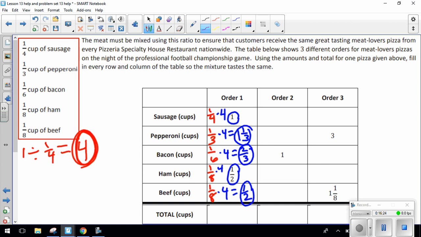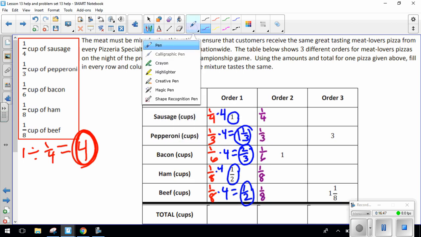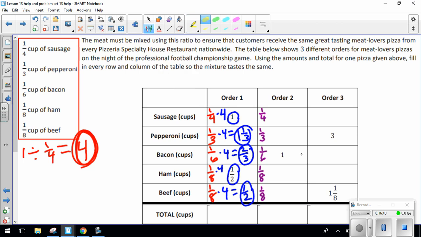So for order number 2, I'm going to do exactly the same thing. I'm going to write the amount or the ratio I need to keep all of my meat in proportion to what I started with. So I need 1/6 cup of bacon, 1/8 cup of ham, and 1/8 cup of beef. So what I'm going to do is take a look at the row that has a solution in there already.